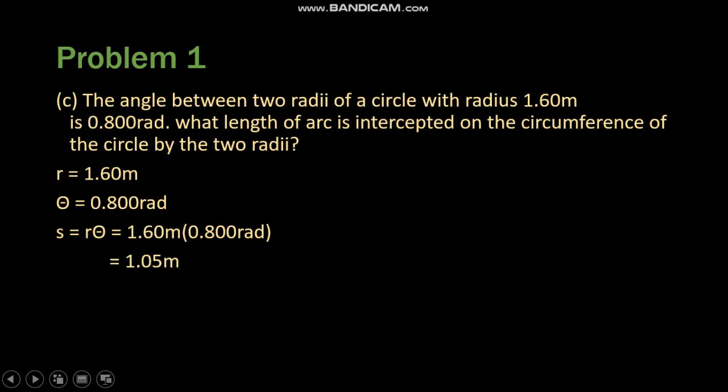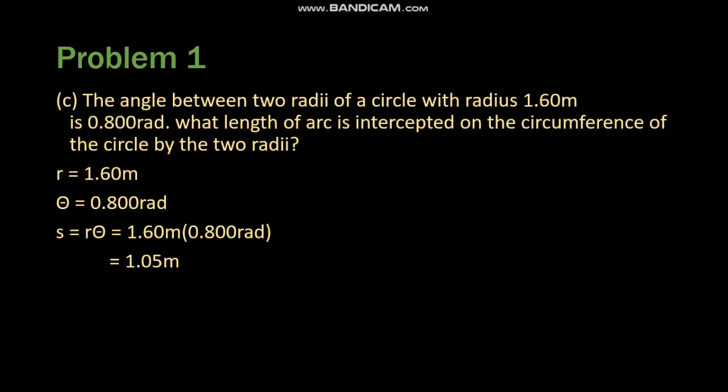Using a bit of algebra again, with the previous formula we used on 1a and 1b, we isolate the arc length, which is s, because the problem is asking for the arc length. So arc length s is equal to radius times theta.